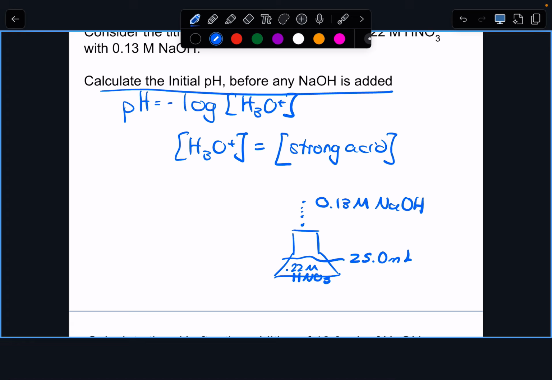So that's literally it. For a strong acid, strong base titration, you just take the negative log. So negative log of 0.22, the pH is 0.66. Done.